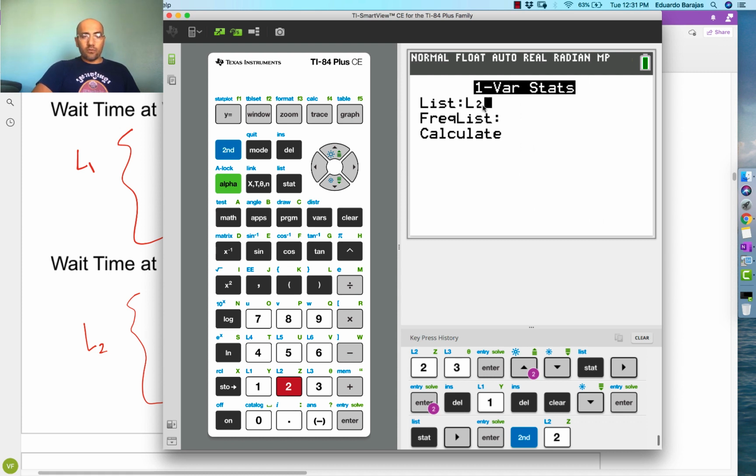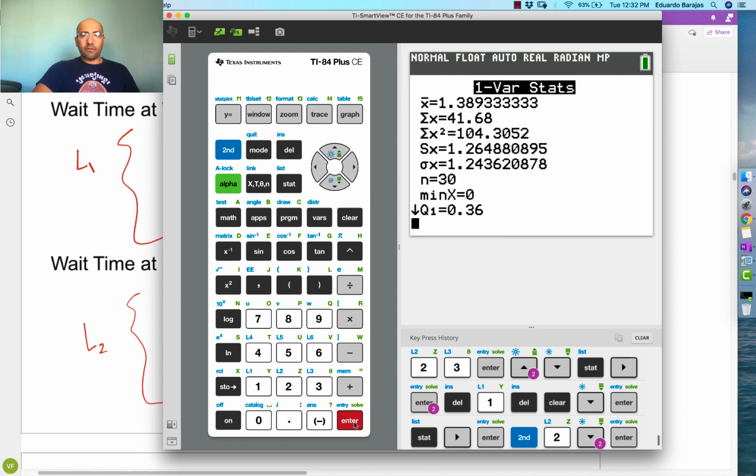Don't try and type out L2 by doing L in the green, which is right here, and then the 2. It's not going to work out. We need this L sub 2 in blue. Okay, come down, hit calculate.